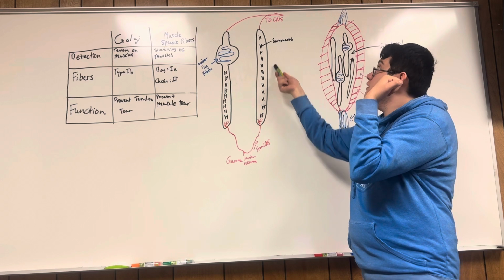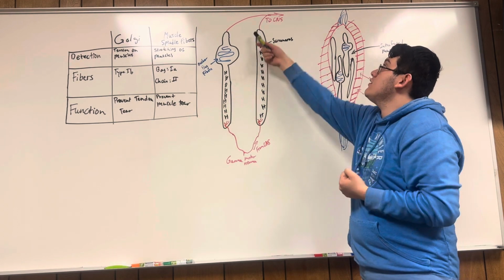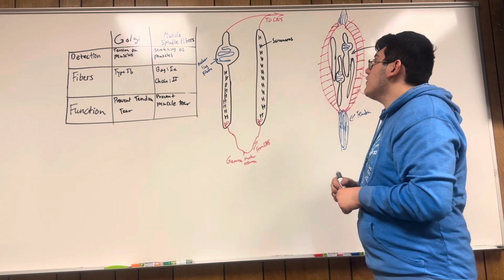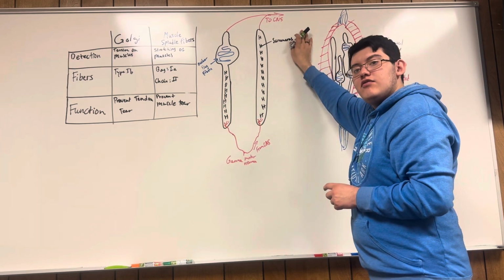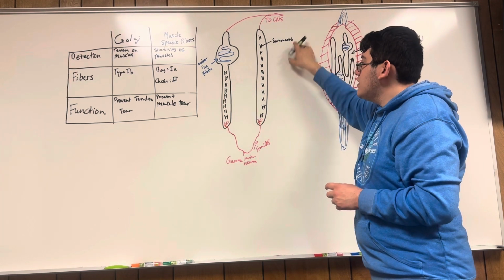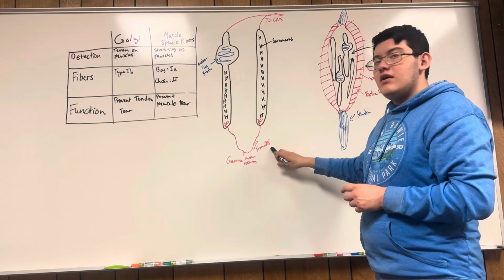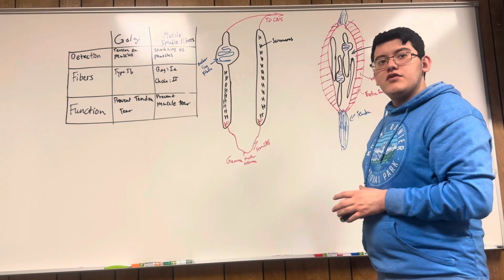Then our chain types start working and start sending messages to the CNS through afferent neurons. After the CNS receives a message, it sends messages back through gamma motor neurons from the CNS to our respective muscle fibers.